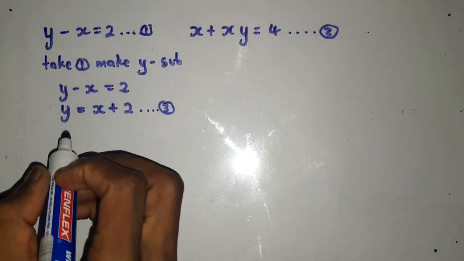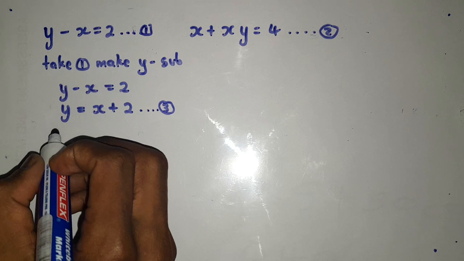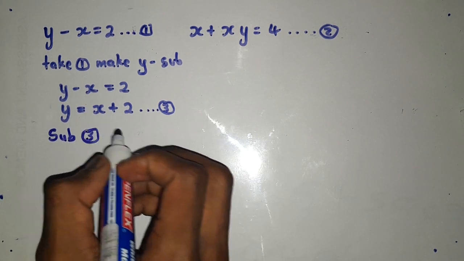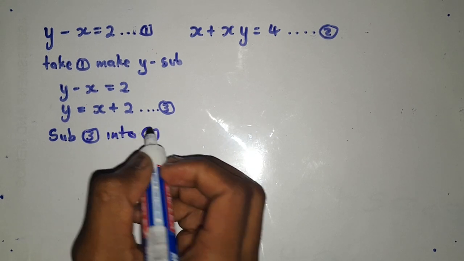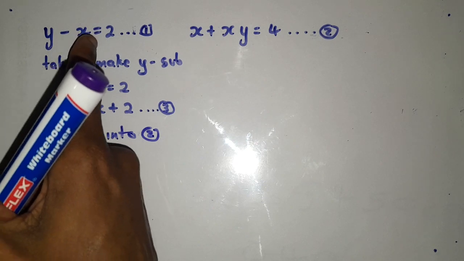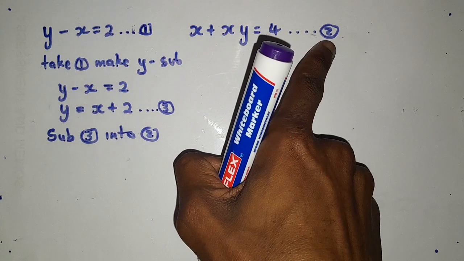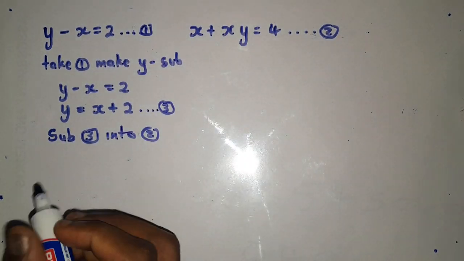I'm going to substitute equation 3, which is this one, into 2. Not into 1, because this equation is from 1, but into 2. Where I see y, I'm going to substitute this expression.